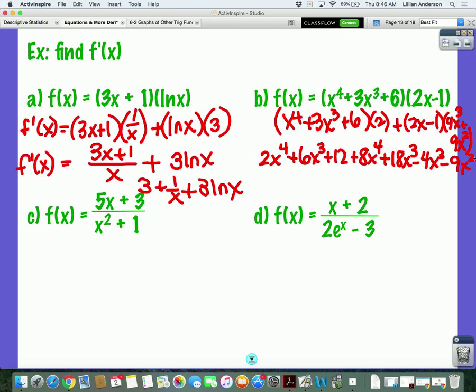That's what it is. And then combine like terms. So you have 10x to the 4th, 6 minus 4 is 2, plus 20x to the 3rd, minus 9x squared plus 12.